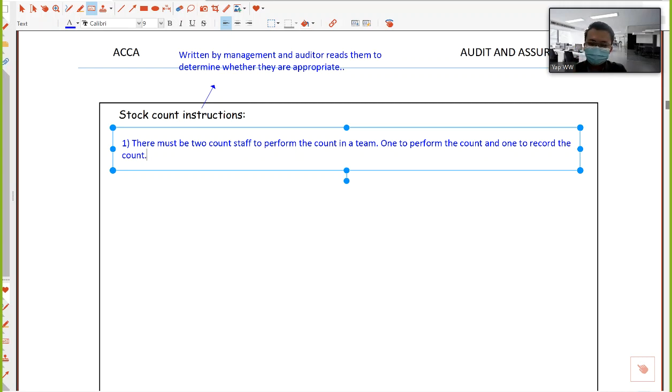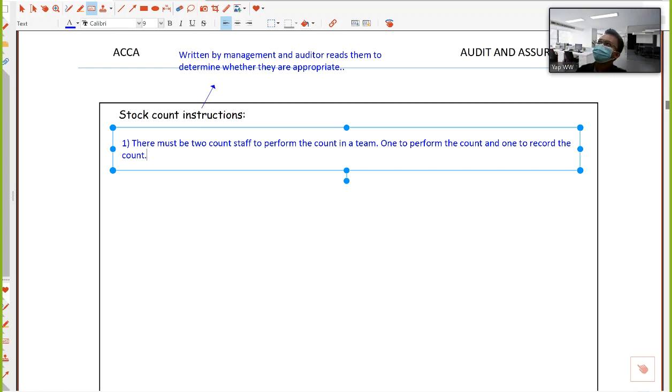If you ask me to perform the count, in the warehouse you have a ladder, going up and down to do the count. If one person goes and does it, climbs up the ladder, opens up the box, wow, inside the box, unit D150 has 10 units. Another stock has 15 units. By the time I climb down from the ladder and pick up the paper, I already forget what is up there.